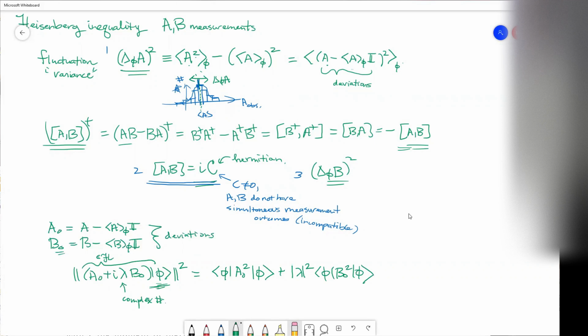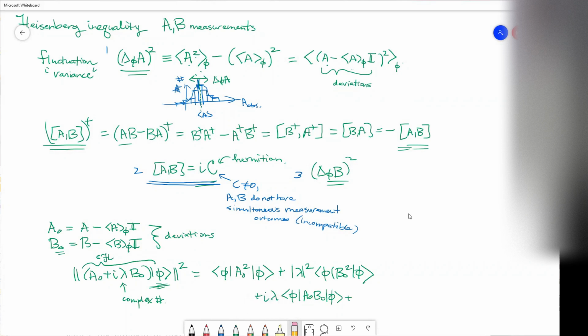It's just from squaring. And then you have the cross terms. Well, there's the I lambda piece, which is phi, A naught, B naught, phi. And then you've got the other one where you have the antilinearity property.